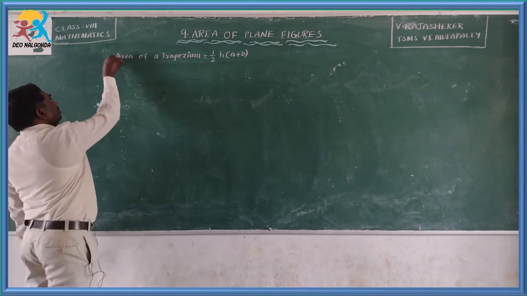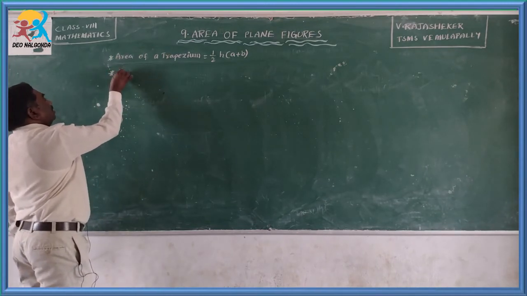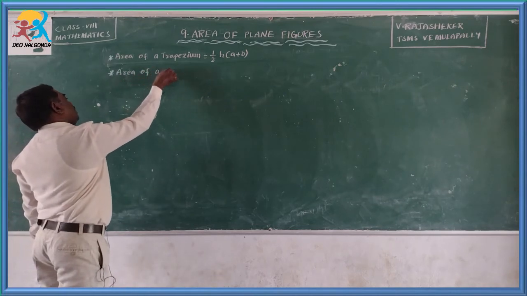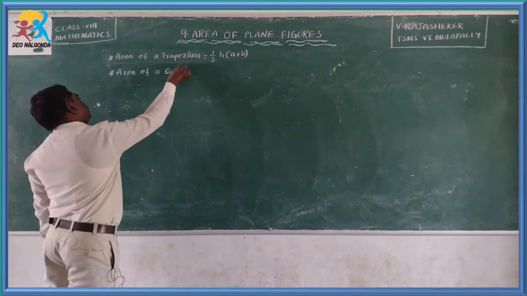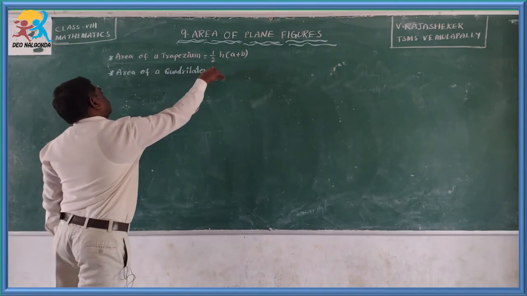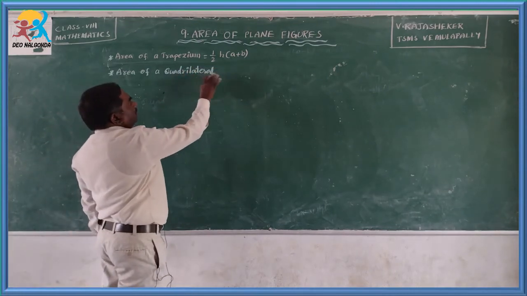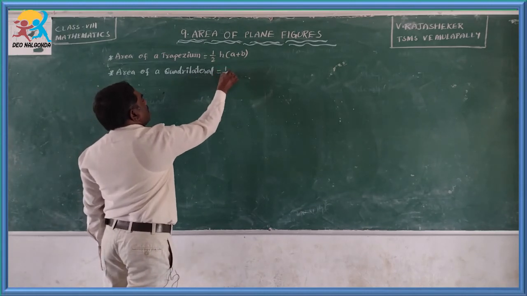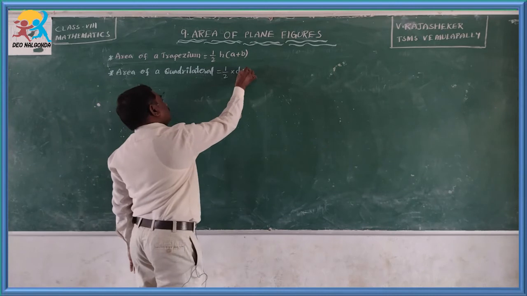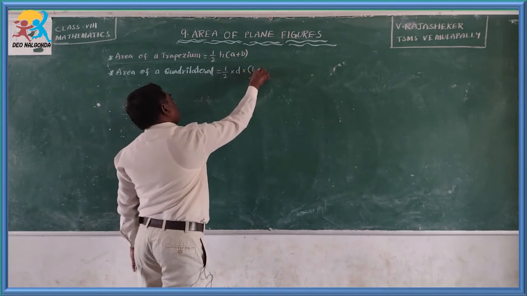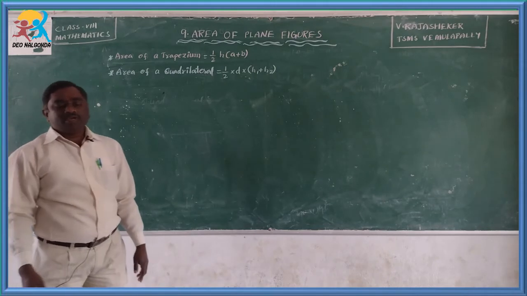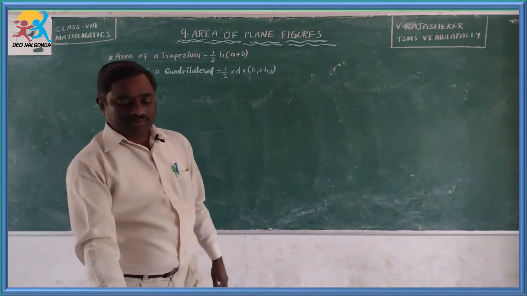Now we found the formula for area of a quadrilateral: half into diagonal into H1 plus H2 is the area of a quadrilateral.